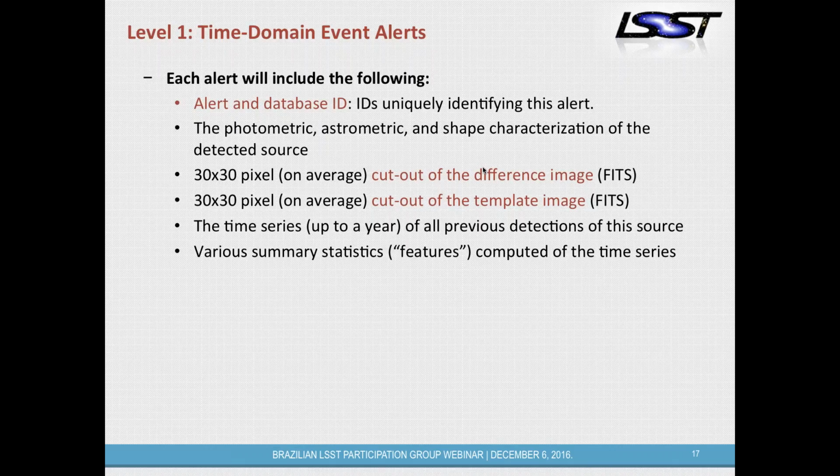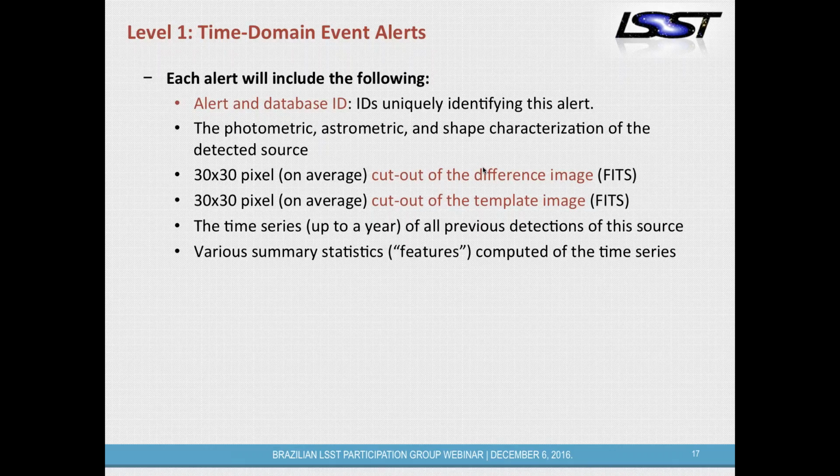So here's just a quick summary or an excerpt of what that will be. The details are in the data products document, but roughly, for each object detected in the level 1 data stream, we're going to measure PSF photometry. We're going to give you position. We're going to characterize its shape.